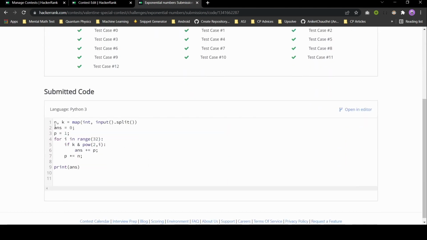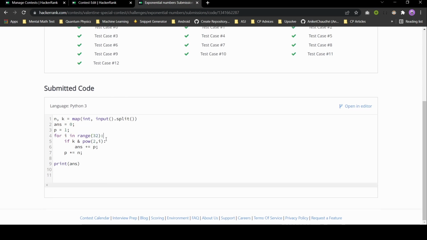So what we have done is we get the input and we initialize our answer with 0, and the power as 1, because every time we will multiply the power. Then we are iterating over every possible number, and this is a way of iterating where you are not even going to all the numbers up to power 32, but still in just 32 operations you are covering all of them.